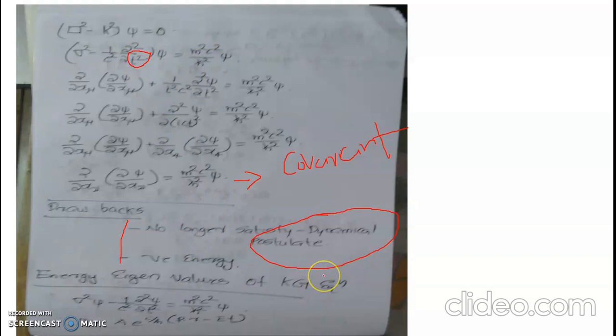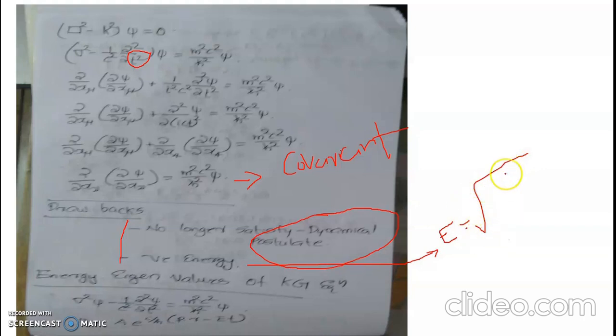You cannot tell the future or the past of the system by knowing the present of the system. The second drawback is that for the derivation of the Klein-Gordon equation, we have inevitably squared the relativistic expression for energy, because it involves a square root operator.